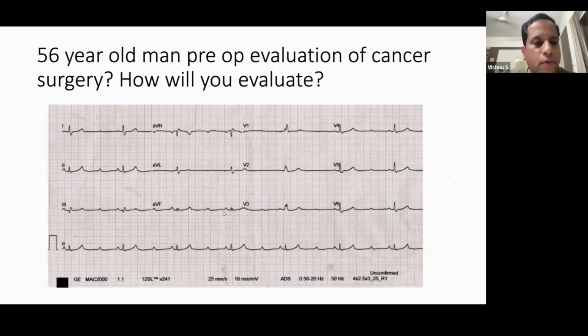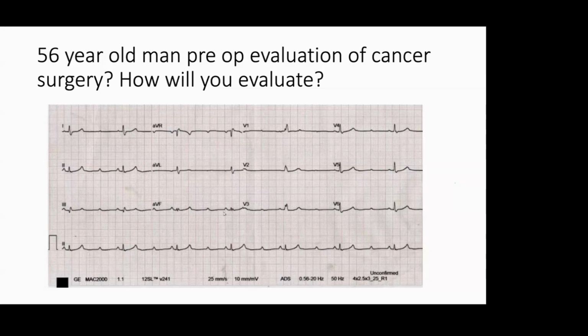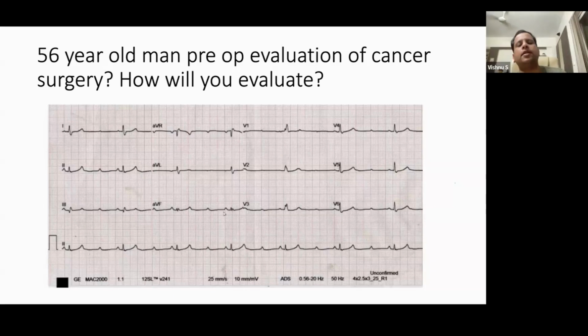What is the P to QRS relation? Does every P have a QRS or not? No. What will be the block?